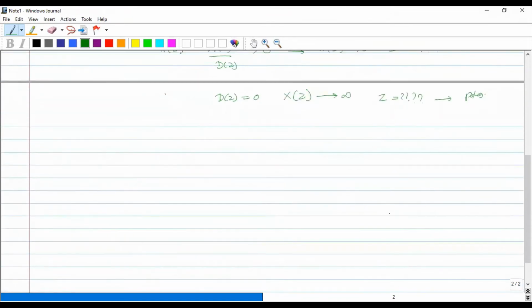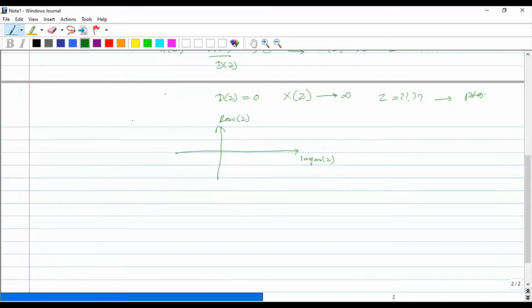So we have our complex plane like this. This is the imaginary part of z, and this is the real part of z. So this is the z plane.